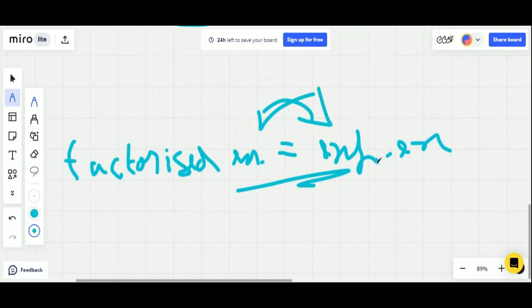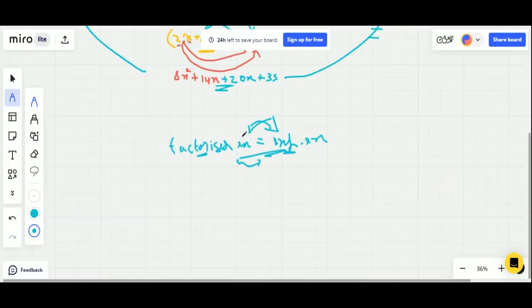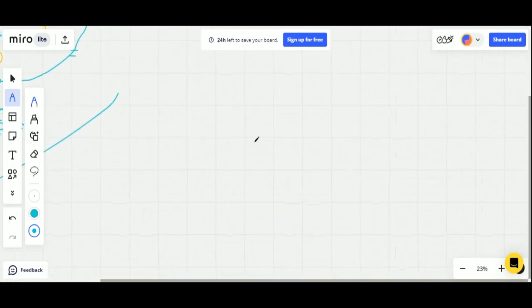If you have an expanded expression, you can make it a factorized expression by factorizing. If you have a factorized expression, you can expand that by expansion. And that's the main content of chapter 5, factorization.